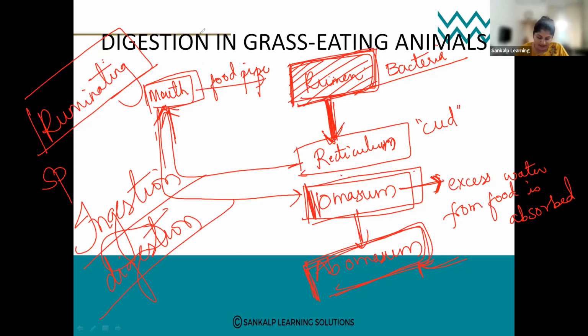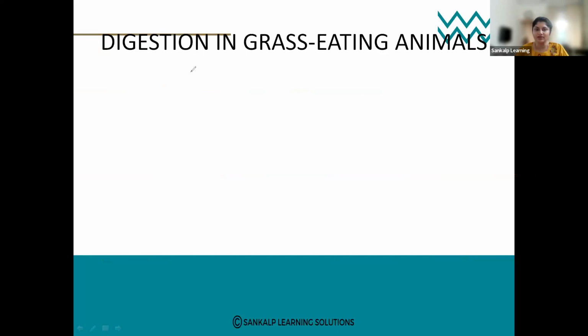Absorption: the digested food is then passed into the small intestine. As in our stomach, once the food is digested, it is passed to the small intestine, where further digestion takes place.